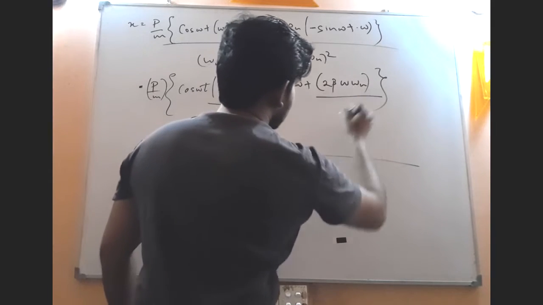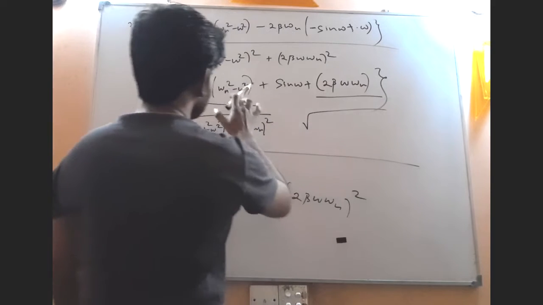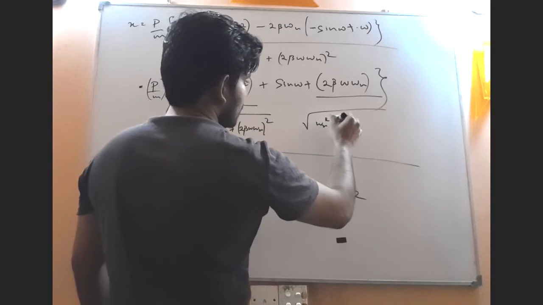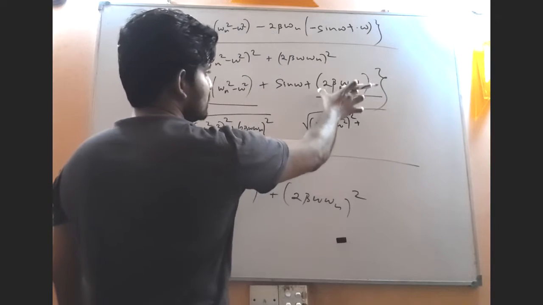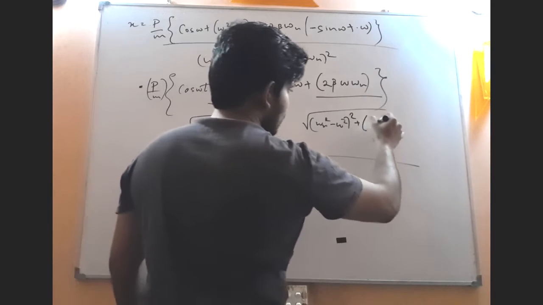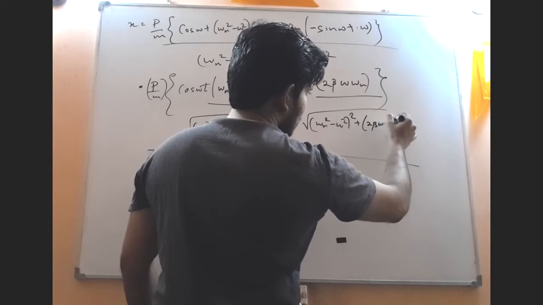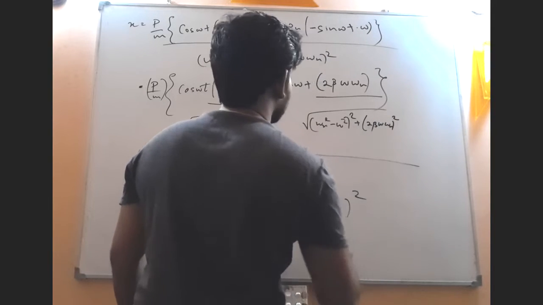This also by the square root of omega n squared minus omega squared whole thing squared plus 2 beta omega n whole thing squared, right?